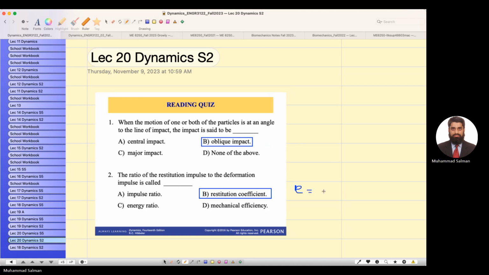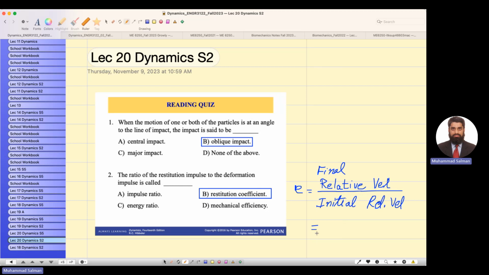E equals the final relative velocity, which is after the impact, divided by the initial relative velocity. REL is just the abbreviation.